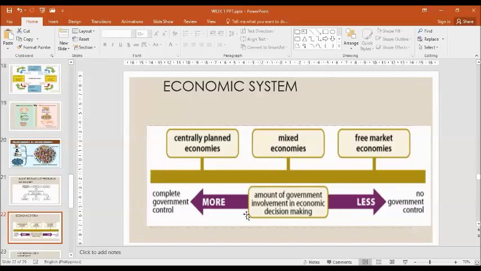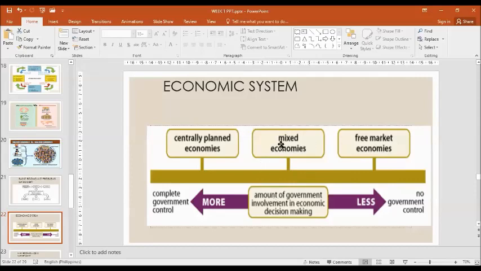So here, it measures the amount of government involvement in economic decisions. In centrally planned economies, there is more influence or involvement of the government in terms of decision making, complete government control. The government is the one who controls the decision making, while in free market economies, from the word free, there is no government control, or there is a lower percentage of government control in decision making.